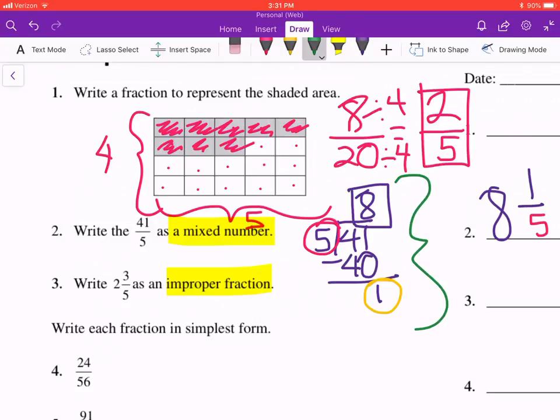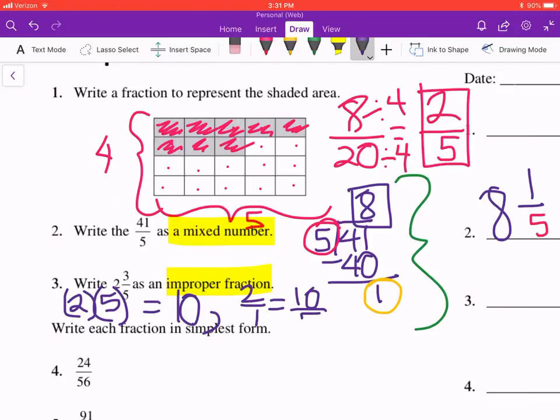So we take the whole number, which is a 2, and multiply it by 5, and that will give us 10. What this is telling me is that 2 whole numbers, or 2 over 1, is equivalent to 10/5.